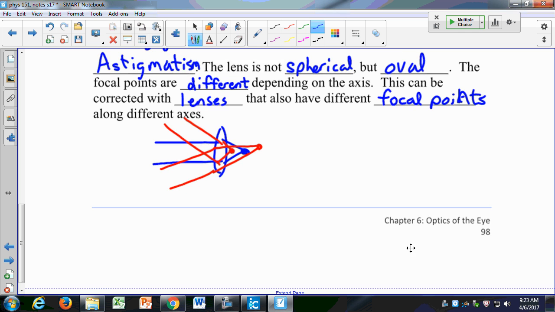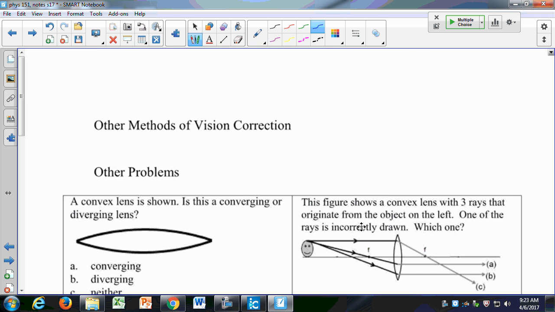And I think we have a few questions. We're going to skip other methods of vision correction and other problems. But if you want to do your paper on something like that, like LASIK or other types of surgical procedures for your eyes or other problems that you might encounter with your eye, that's okay. I don't think anybody's done that, but if you want to, that's fine.